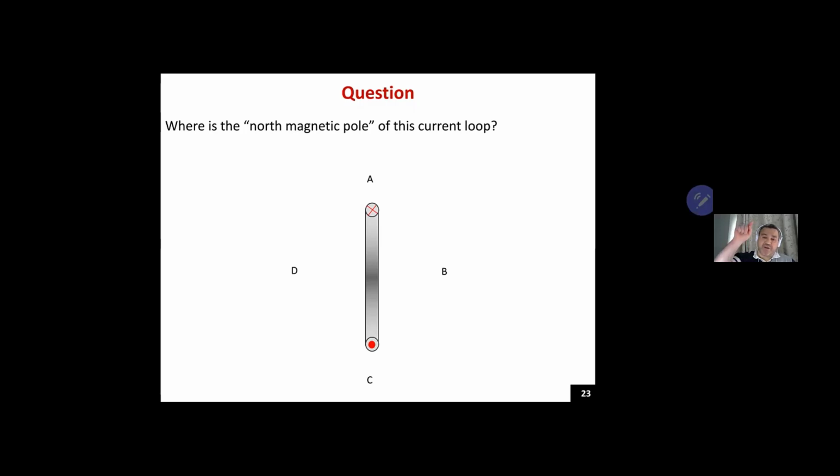If you have the current entering from the top, leaving out of the screen from the bottom side, then this means that the magnetic field should be pointing from the right to the left. To me, this looks from the right to the left, which means which point would be the location of the north magnetic pole? It will be the point D. Yes.